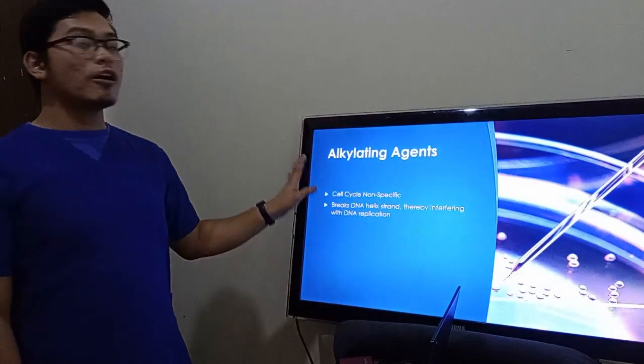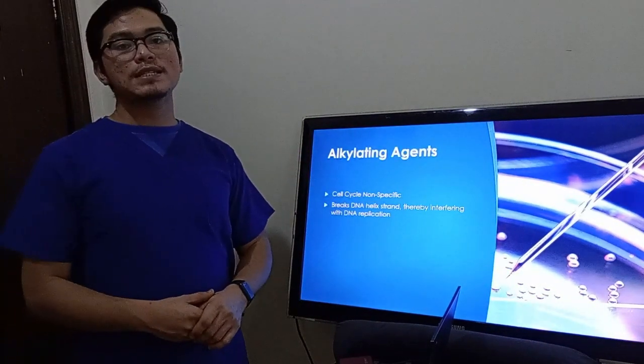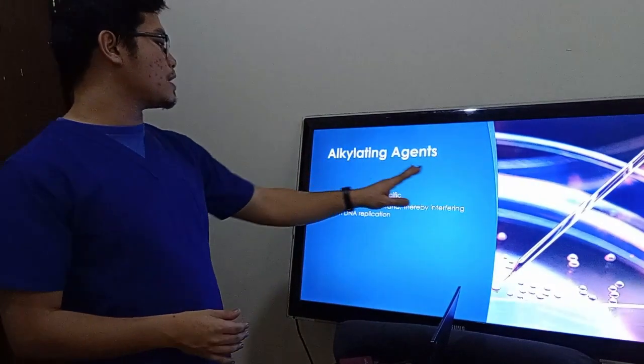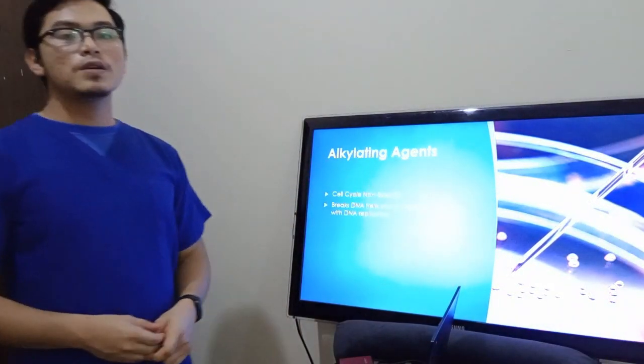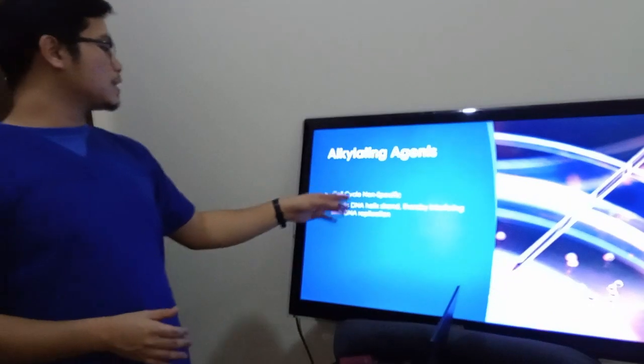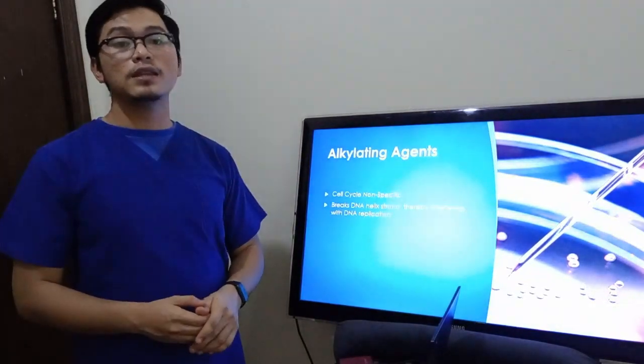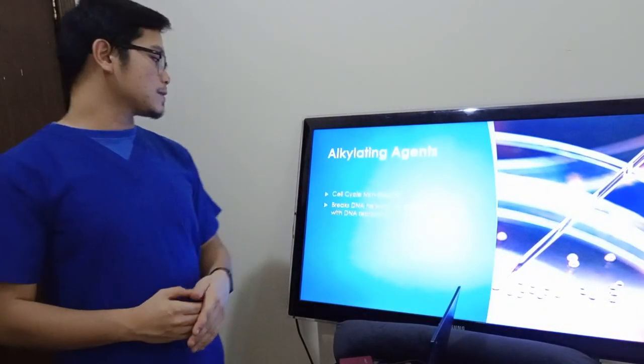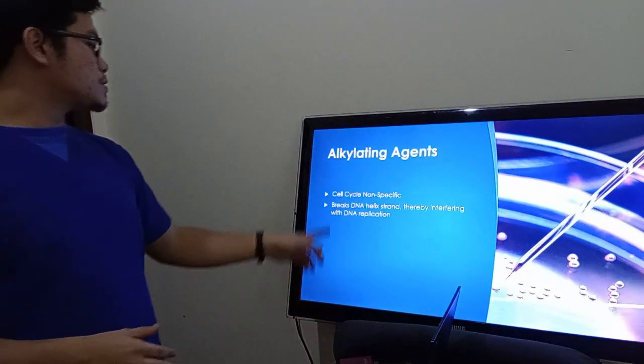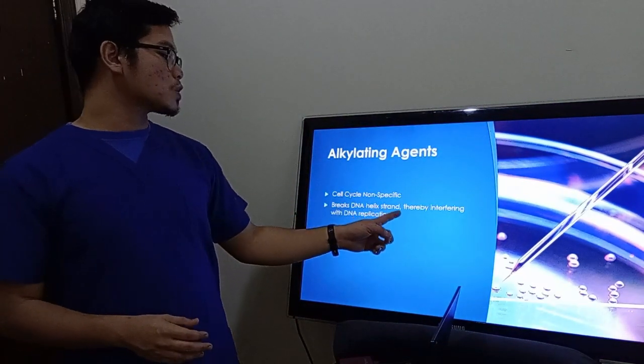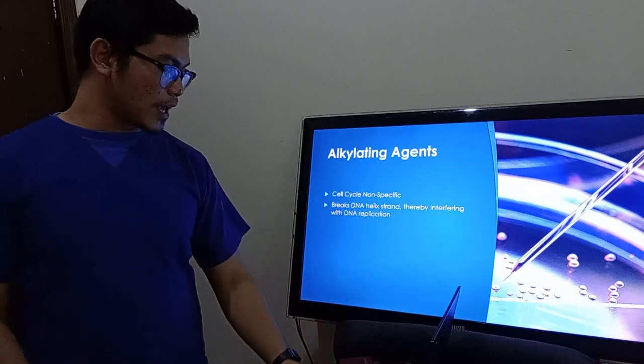So these are anti-tumor or antineoplastic drugs. We have the alkylating agent classification. For the cell cycle, they are non-specific. They can break the DNA helix strand, thereby interfering with DNA replication.